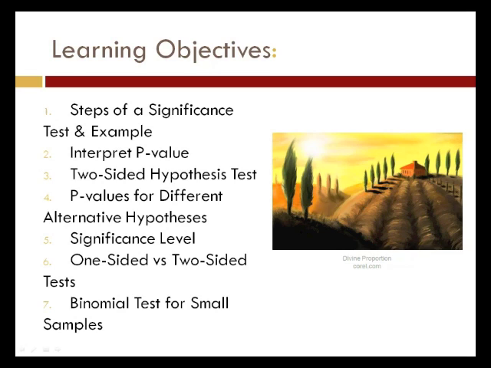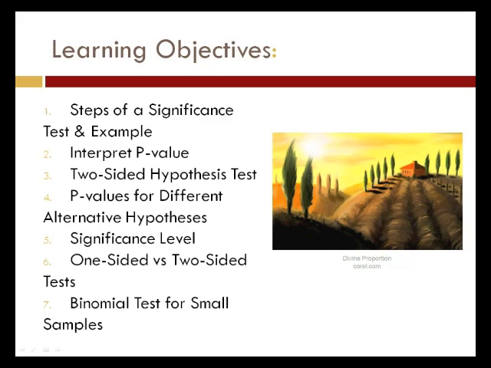Number 2, we want to interpret what the p-value means. We've talked about it in arbitrary terms. We want to cement it and give you some really good information on what p-values are acceptable and what are not, for when you'll reject and when you won't.